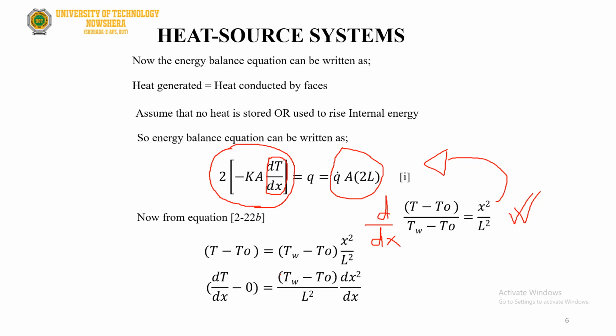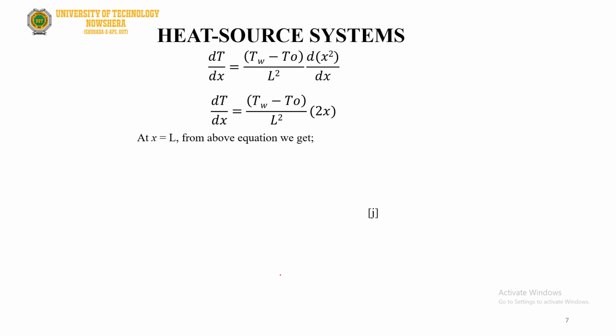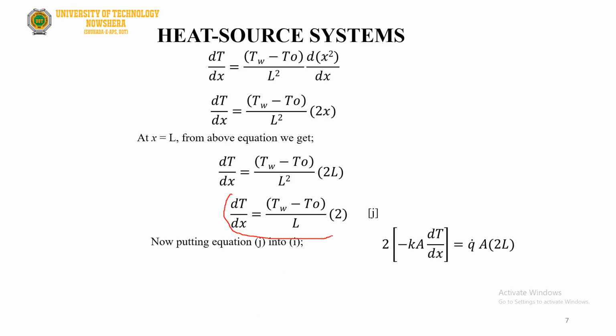So the temperature gradient dT by dx comes out to be this equation J. After performing differentiation with respect to x, we can find the temperature gradient dT by dx, and then we can put it in the energy balance that we have discussed in our previous slide.